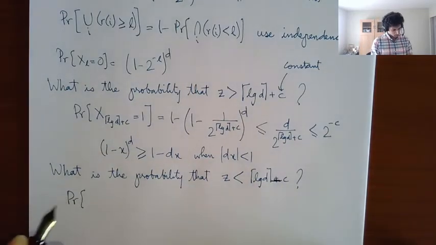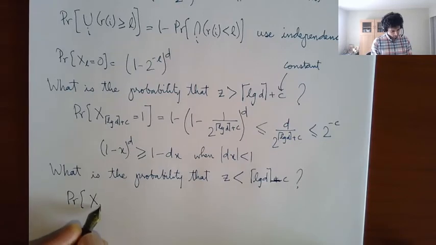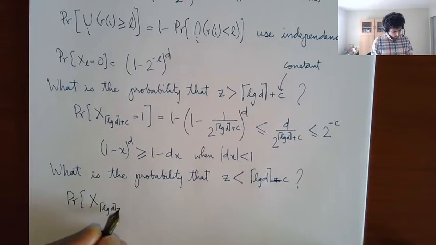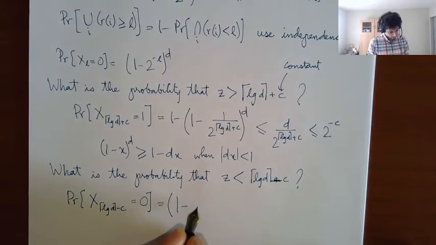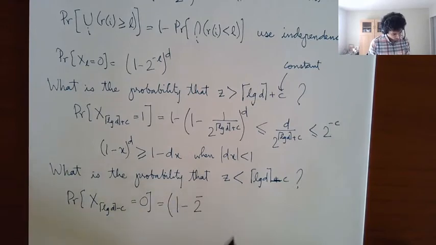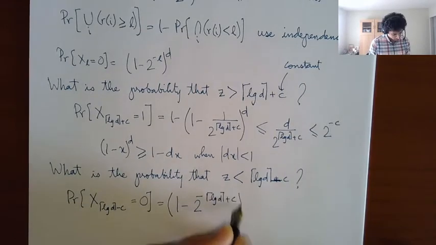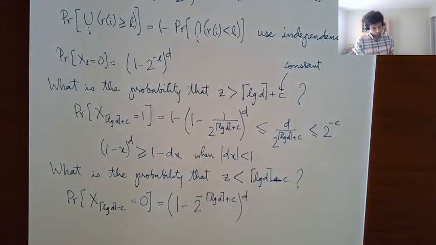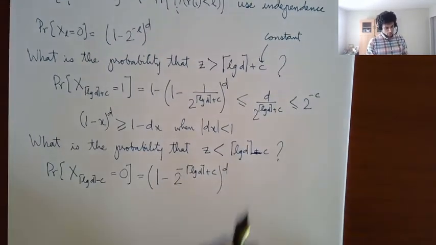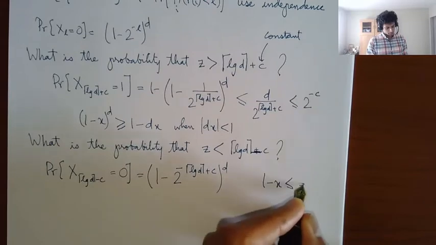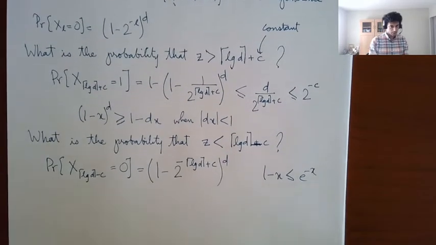So this is the probability that X_(log D minus C) is equal to 0. So plugging this in, I get 1 minus 2 to the minus (log D minus C), to the power D. Now I use my favorite approximation: 1 minus x is less than e to the minus x.